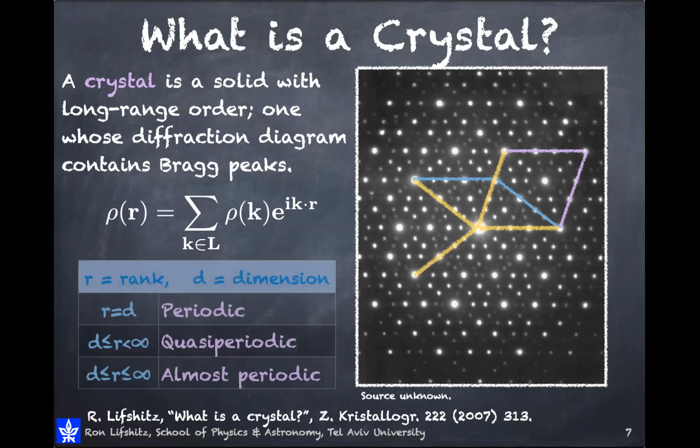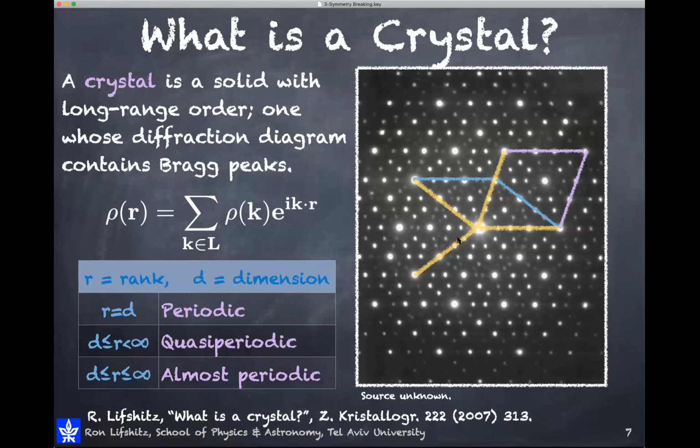Now, if I take the rank of the crystal, the number of vectors I need in order to generate it, and compare it to the dimension of the crystal, say the number of components in each of these wave vectors, here the dimension would be 2 and the rank would be 4, then we have the following classification. If the rank is equal to the dimension, then what we obtain is a plain old periodic crystal. If the rank is finite, but not necessarily equal to the dimension, then what we obtain is a quasi-periodic crystal.